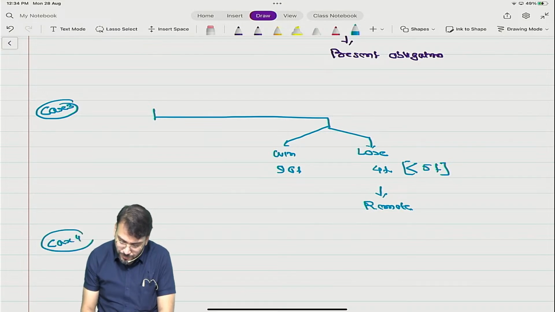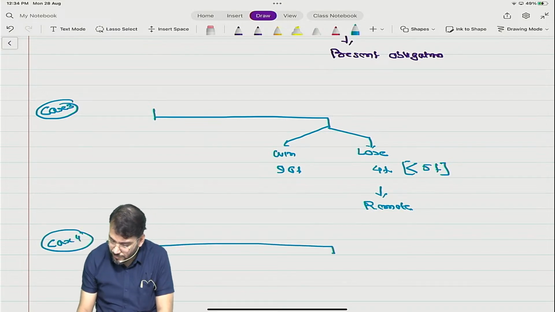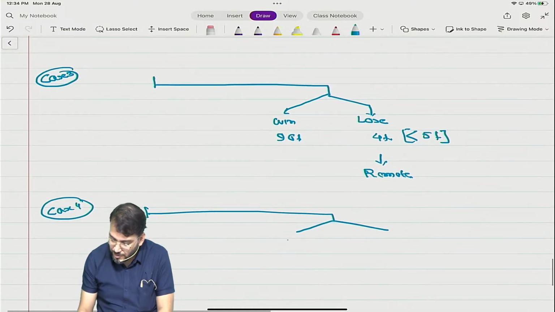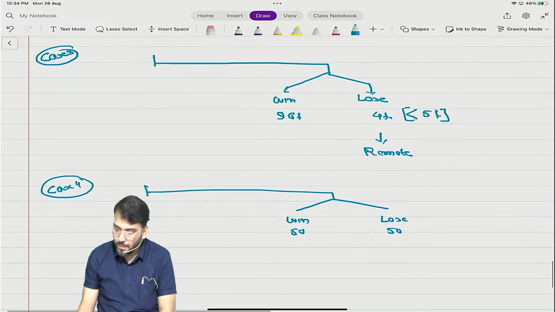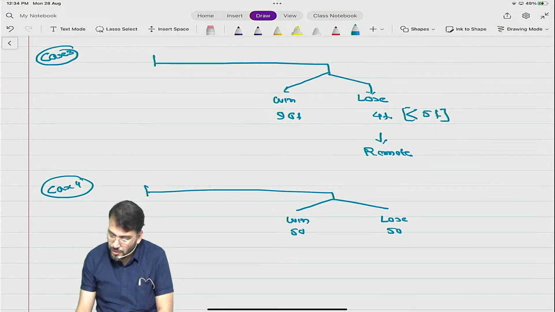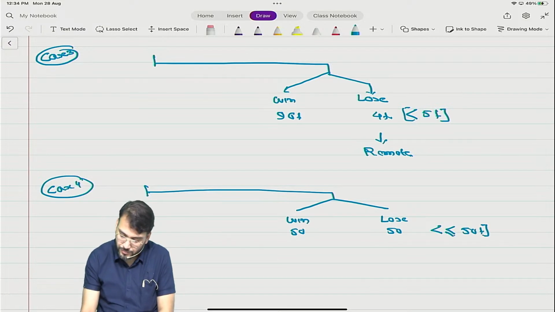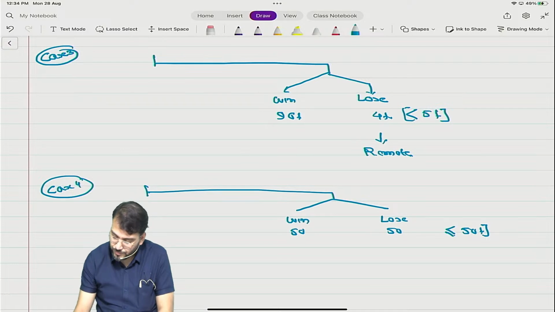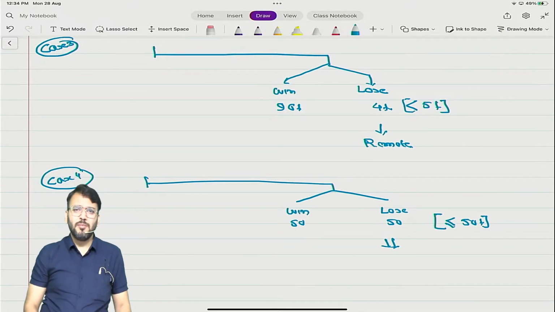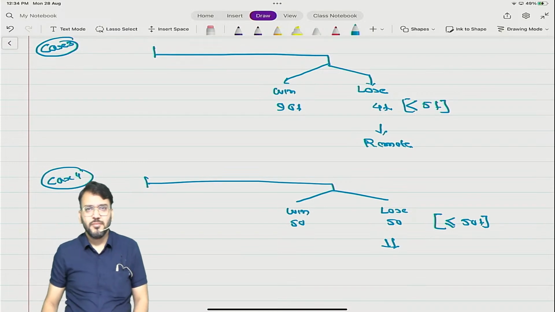Doubt will always come in which situation? If it is 50-50, right? 50-50. Correct. So 50-50, we will always consider less than or equal to 50%, and this will be a possible obligation. Actually, can I say probability may we never say exact 50%.